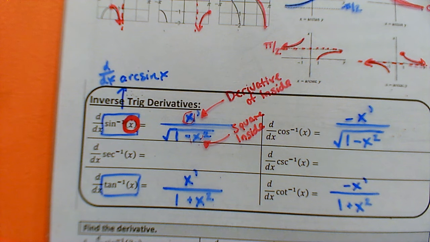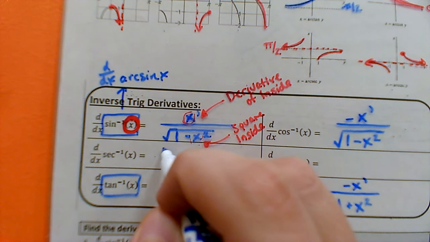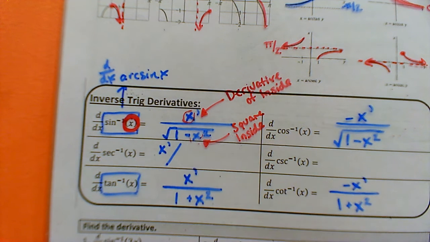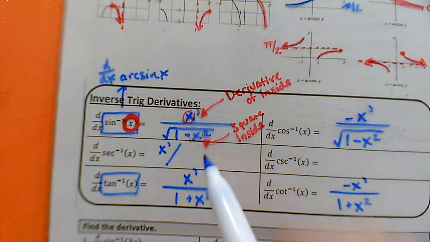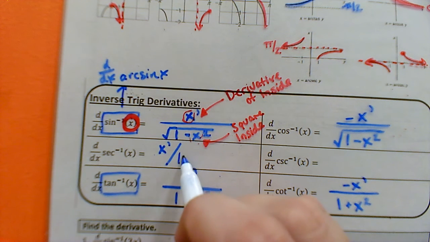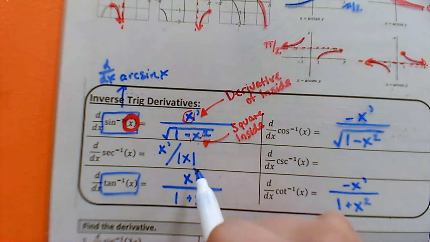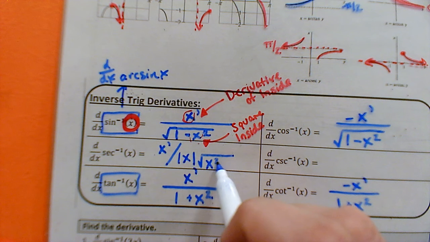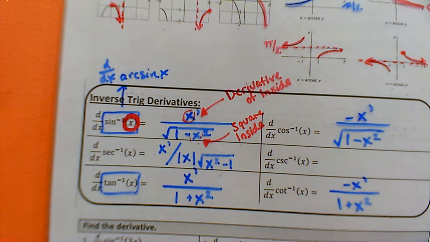Okay, so this is where it gets good. The inverse secant and inverse cosecant, these are a little crazy in my opinion. We have x prime over, I don't think I have enough room in there, so I'm going to do it kind of sideways, a fraction. We have the absolute value of x times the square root of x squared minus 1.